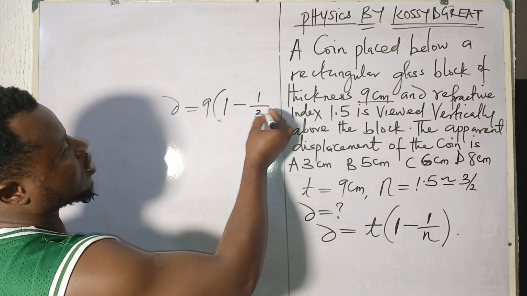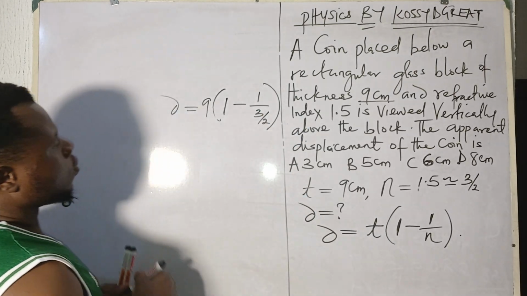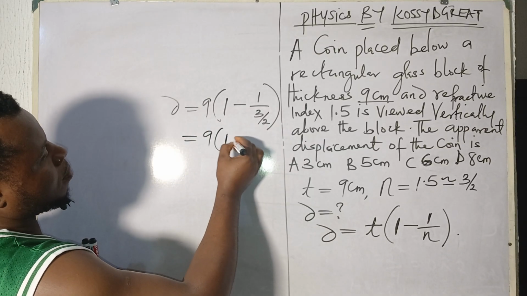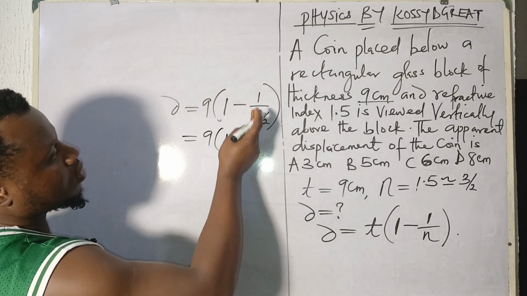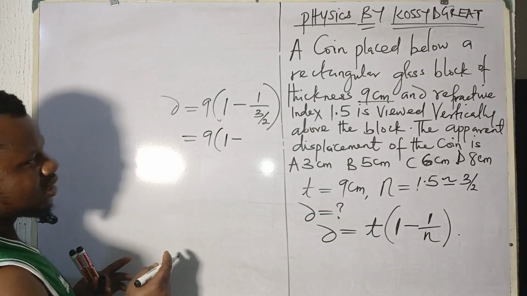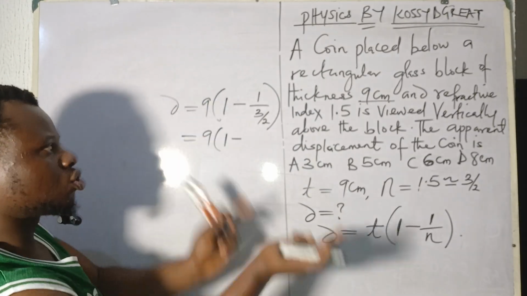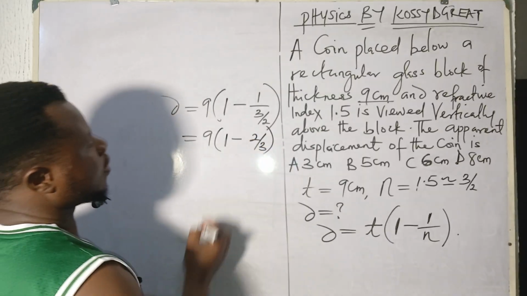Whenever you have 1 over a fraction, all you do is turn the fraction, so 1 over 3 over 2 is 2 over 3.